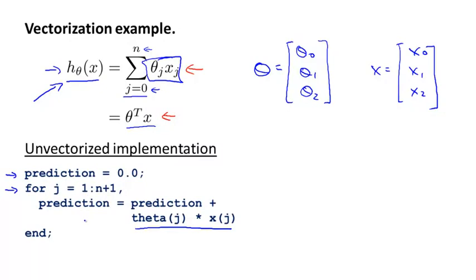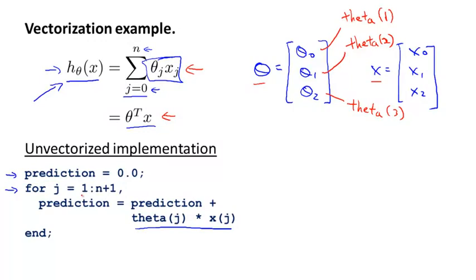By the way, I should mention that in these vectors that I wrote over here, I had these vectors being 0-indexed, so I had theta 0, theta 1, theta 2. But because MATLAB is one-indexed, theta 0 in MATLAB we might end up representing as theta 1, this second element ends up as theta 2, and this third element might end up as theta 3, just because vectors in MATLAB are indexed starting from 1, even though I wrote theta and x here starting indexing from 0.